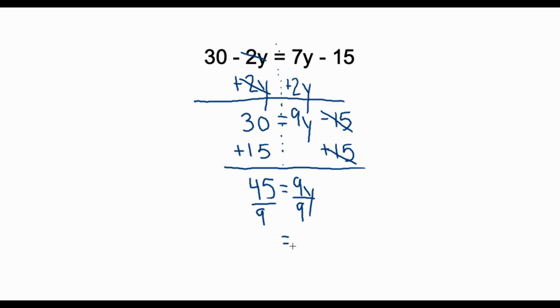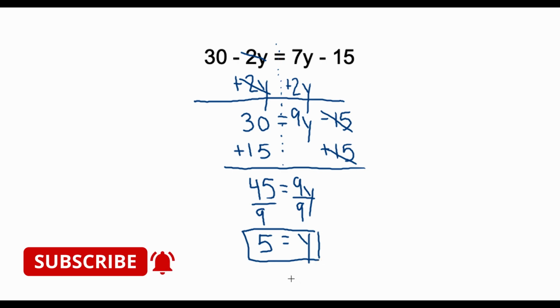Bring down the equal sign. Now 9 divided by 9 turns into a whole 1, and 1 times y is simply just y, equal 45 divided by 9 will give us 5. So this equation is telling us that 5 is equal to y, or y is equal to 5. And that's the final answer.